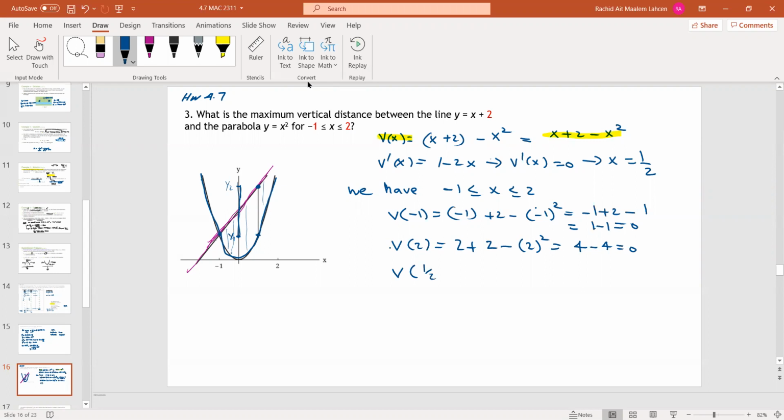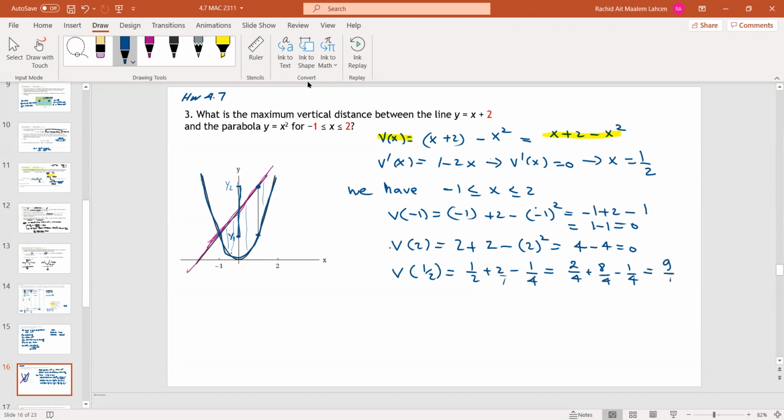Now let's do v of 1/2. So it'd be 1/2 plus 2 minus 1/4. All right, and we make all of them 4ths, so it's going to be 2/4 plus 8/4 minus 1/4.